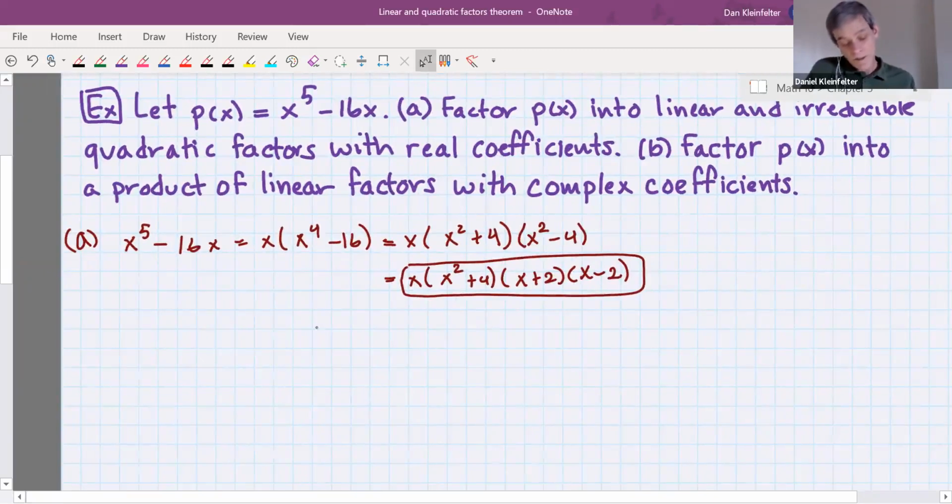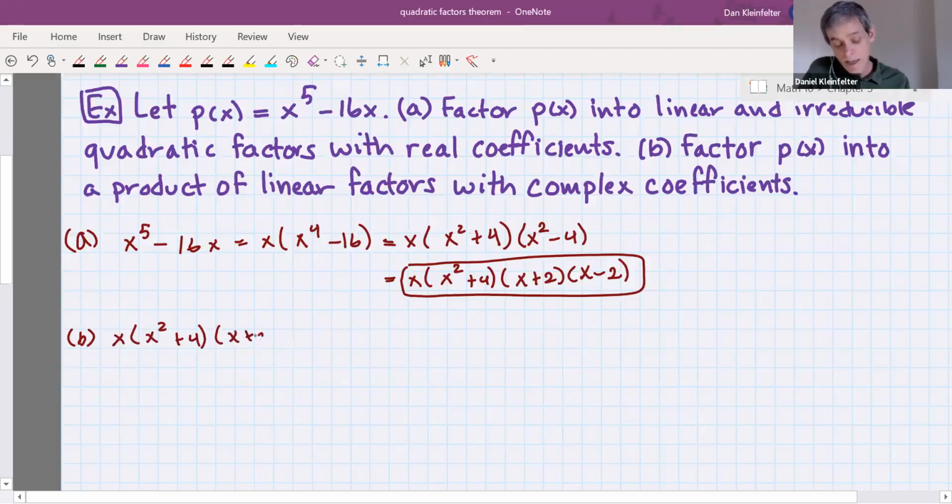with real coefficients. For part B, we're going to go a little bit further. It says factor p of x into a product of linear factors with complex coefficients. So what that means is if we allow ourselves to use complex numbers, then we're going to be able to completely factor it into a product of linear factors. So I'm taking the answer for part A as my starting point because we've factored it already partially.